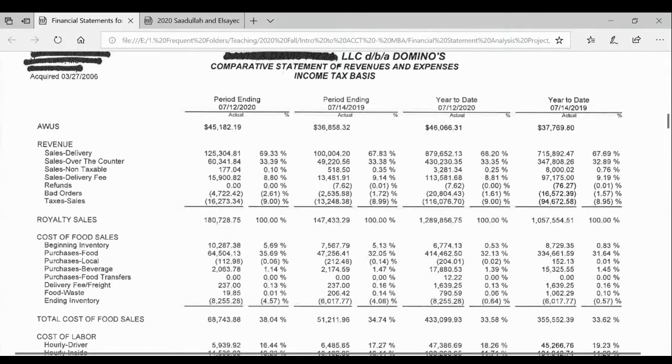Now, this 433,000 number is for 2020, and this 355,000 is for 2019. Is there a big difference between these two numbers? There is a big difference, right?